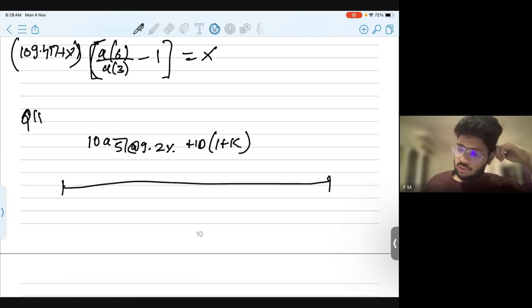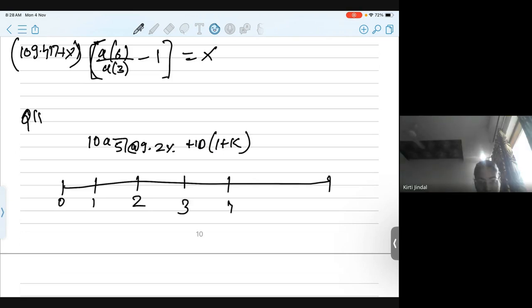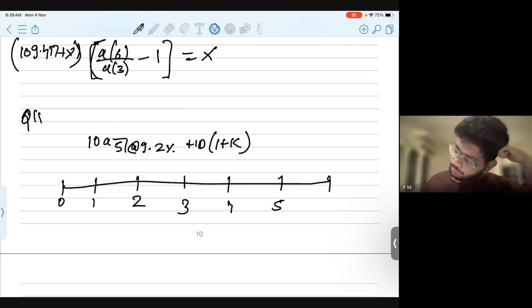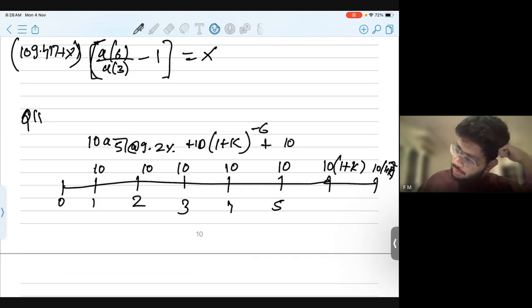v6. Just 1 minute. 10, 10, 10, 10, 10, then 10(1 plus k), 10(1 plus k) squared. हाँ, ठीक है. Wait, अभी इसमें v भी डाल.